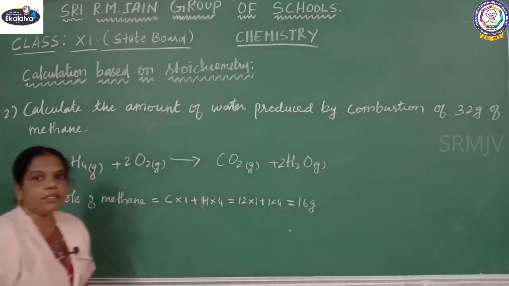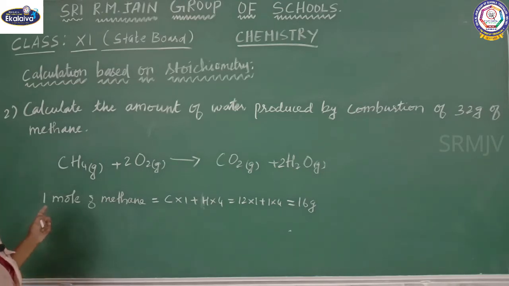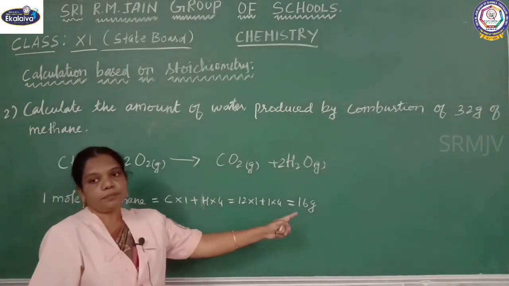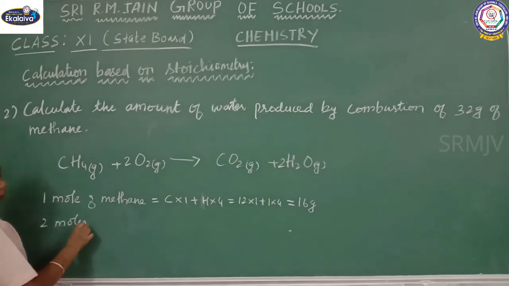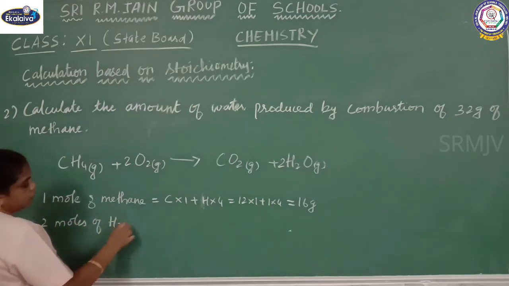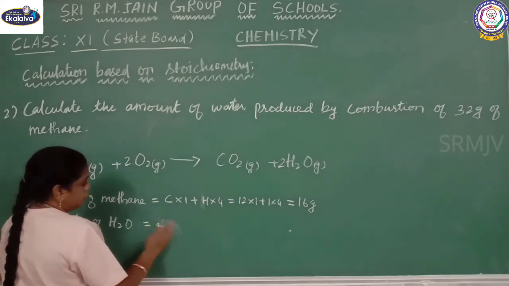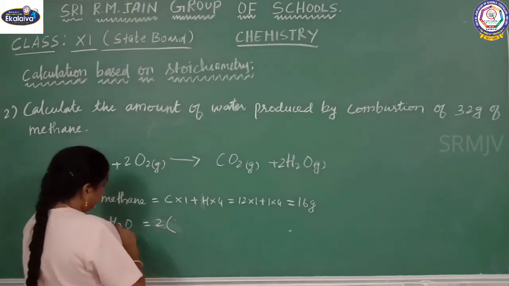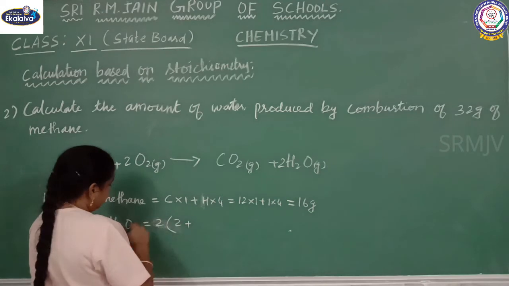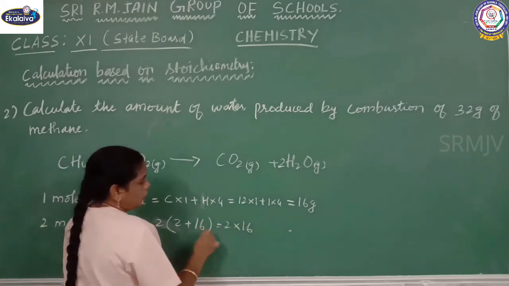So 1 mole of methane is 16 gram. And then for 2 moles of water, what is the molar mass? Hydrogen 2 into 2 plus oxygen 16, so 2 into 16.